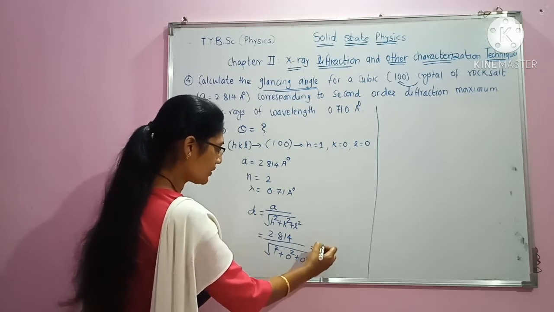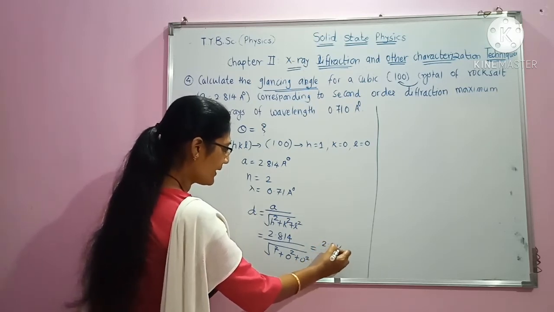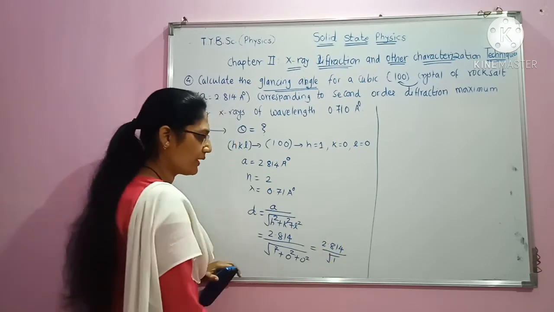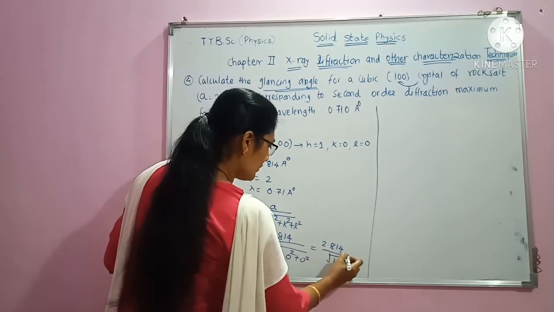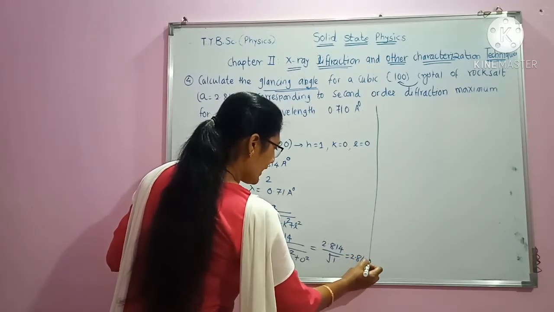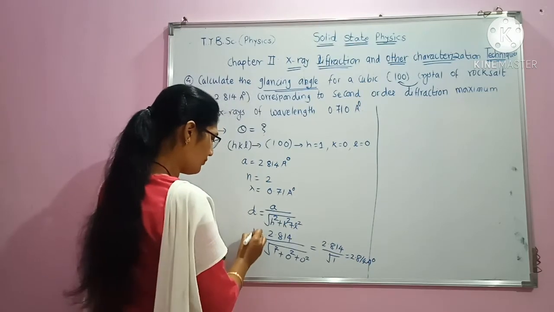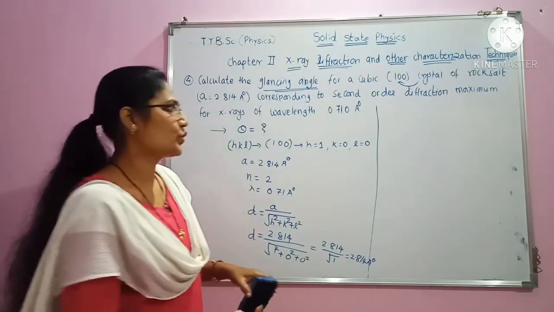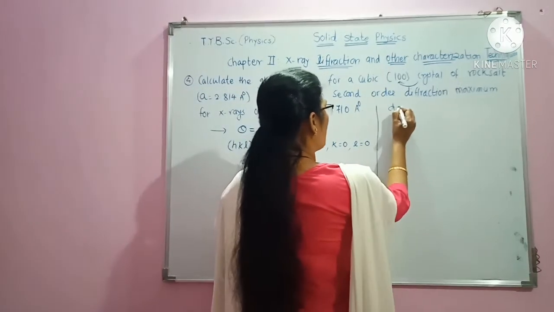So this value comes out as 2.814 divided by square root of 1. That is, this value is nothing but 2.814 angstrom. This is the value of d, that is interplanar distance d.